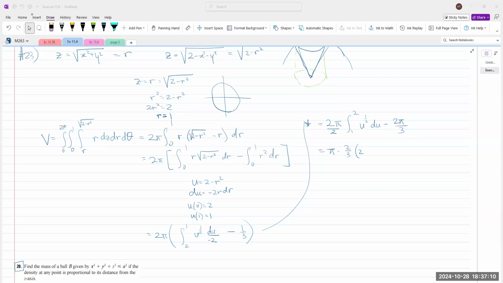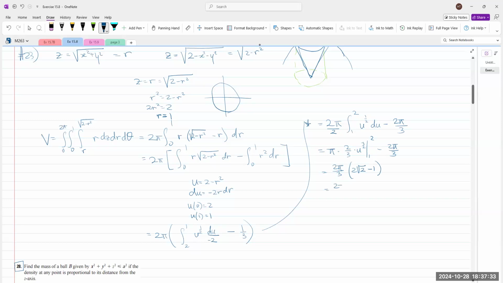You know what? Let me write it properly first. This will be u to the power of 3/2 from 1 to 2. So this will be 2 pi over 3 times 2 radical 2 minus 1.